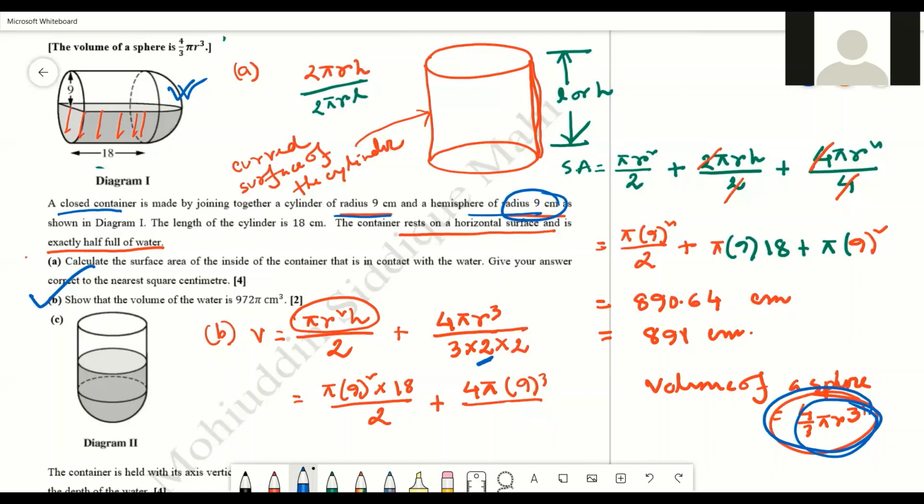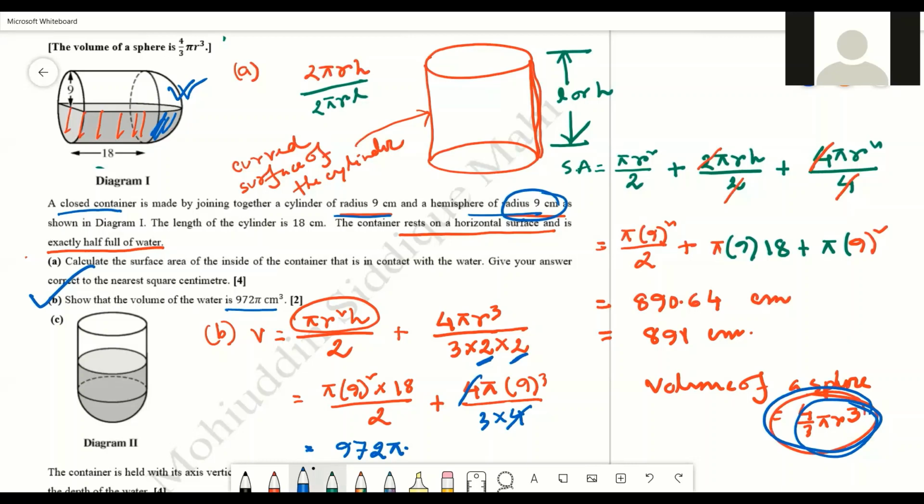Now again, the water is holding half of the hemisphere, so we need to introduce another 2. So it will be 3 into 4, so 4 and 4 are cancelled. Now if you calculate it, the answer will be 972 pi, and that's what we have to find, because the question asks to show that the volume of the water is 972 pi.